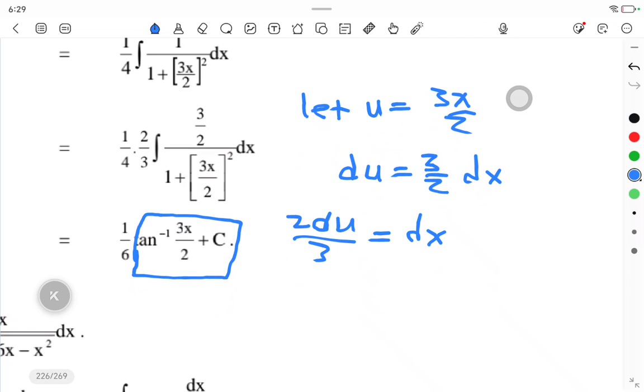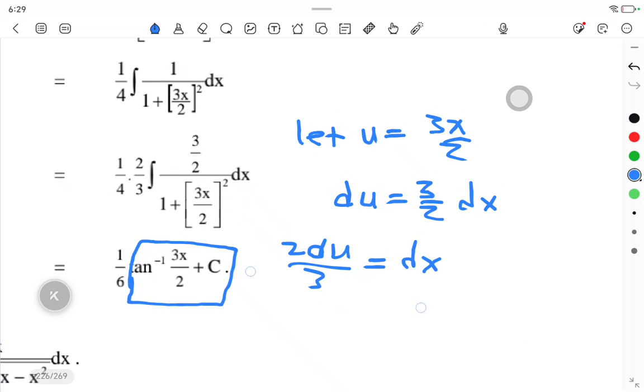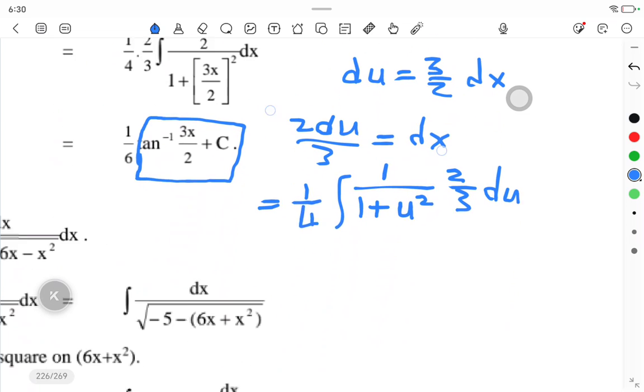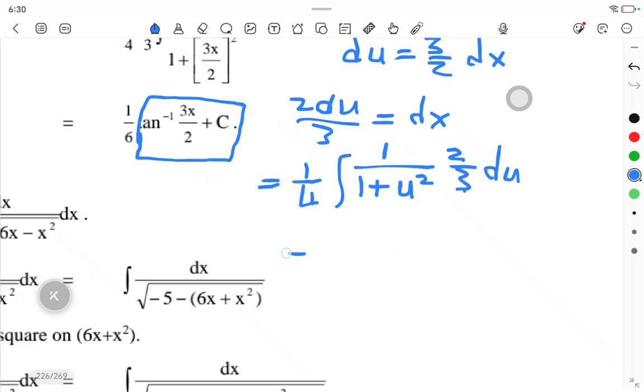Then we come here and substitute. When we substitute, we're going to get 1 over 4 times the integral of 1 over 1 plus u squared, then this is 2 over 3 du. Then this will come here. It's going to be 1 over 4 times 2 over 3.